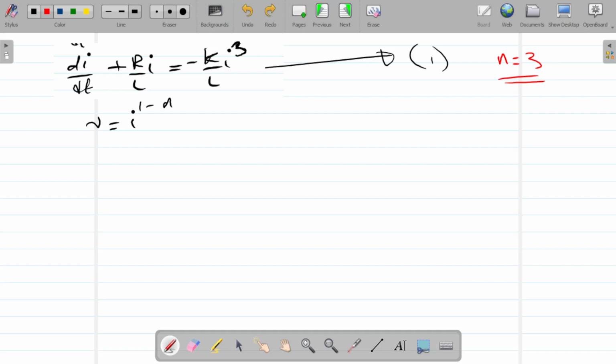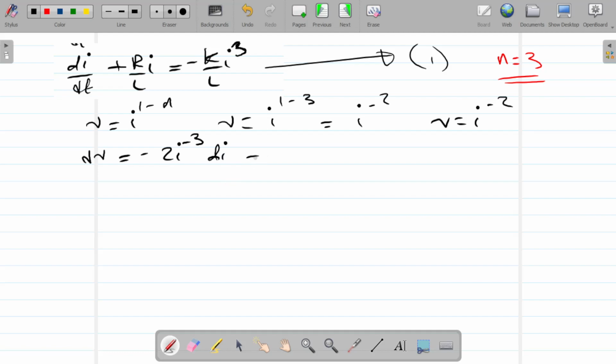That substitution becomes v equals I to the 1 minus 3, which is I to the minus 2. This means that dv is equal to minus 2I to the minus 3 di, so that di is equal to minus a half of I cubed times dv.